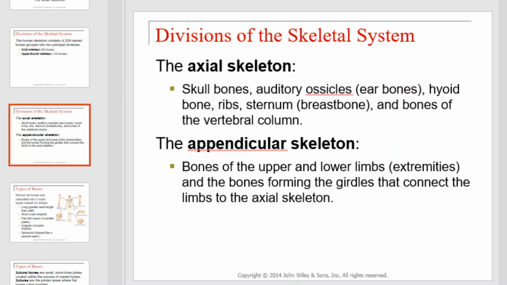The axial skeleton includes the skull bones, auditory ossicles or ear bones, the hyoid bone, ribs, sternum or breastbone, and bones of the vertebral column. The appendicular skeleton includes the bones of the upper and lower limbs, or your extremities, and the bones forming the girdles that connect the limbs to the axial skeleton.